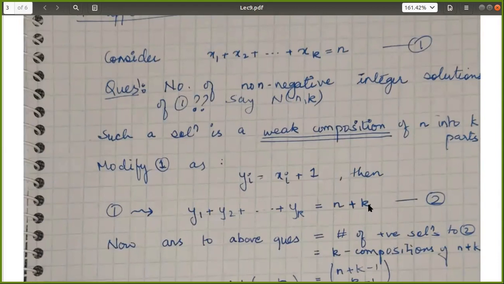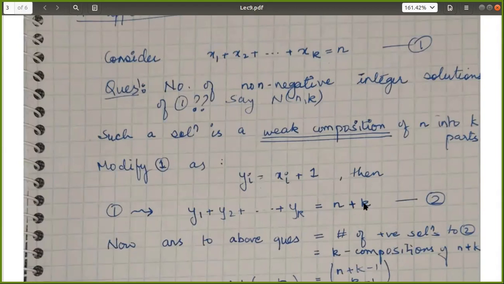Isn't that so? Yes, ma'am. And the number of solutions to this is going to be the number of solutions to this, because this is uniquely determined. So this equation in between does not change a thing. To find the number of solutions to this is equivalent to finding the number of solutions to this. But the number of solutions to this is nothing but the number of k compositions of n plus k.